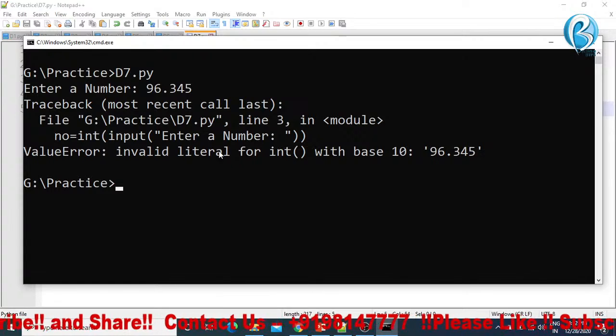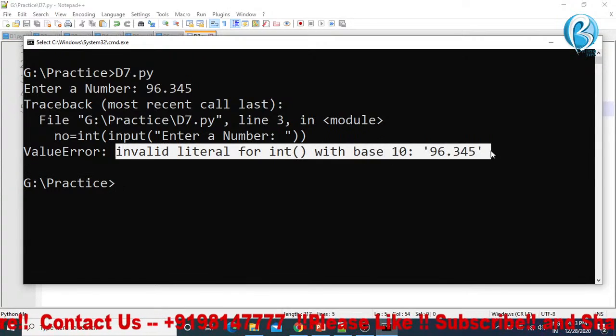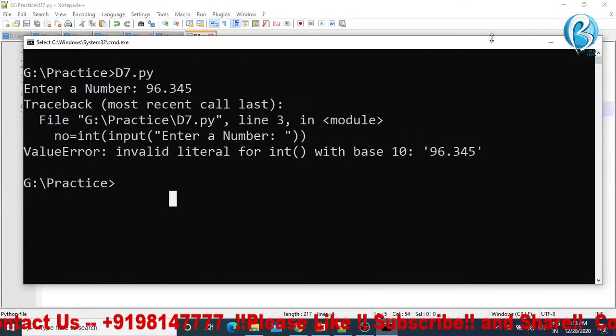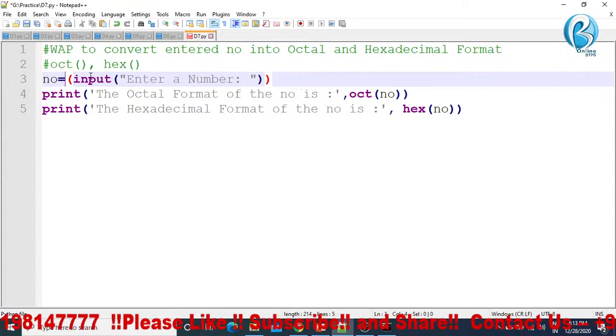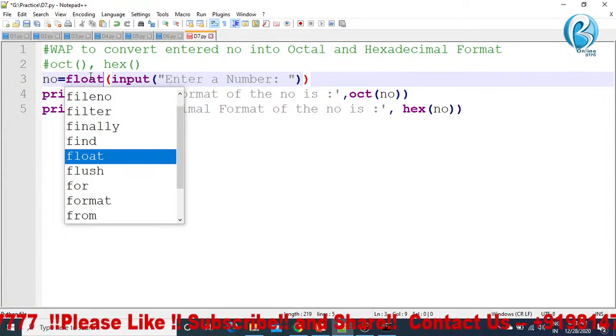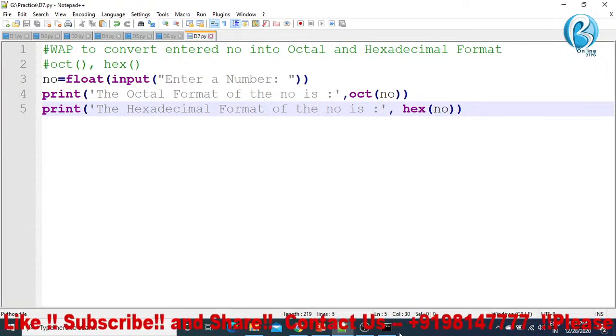So what we are getting is invalid literal for int with base 10. Okay, we have taken integer, right? So we have to convert it into float first, right? Float. Then check. Let's check.